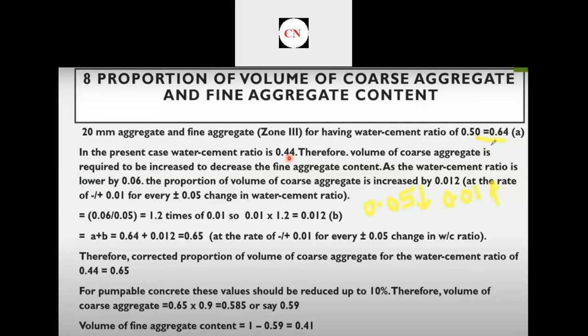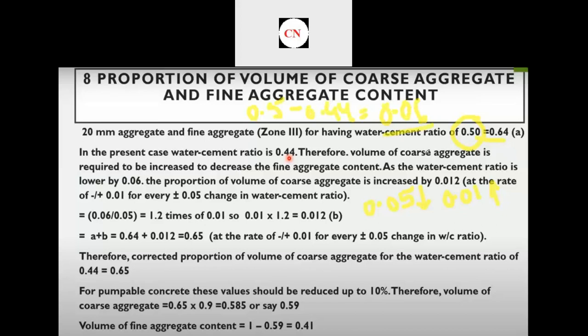In our case, 0.64 is the proportion we have got for water cement ratio 0.5. So what is the reduction? It is 0.5 minus 0.44. What is the reduction here?